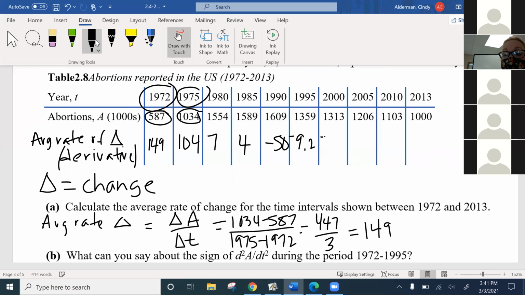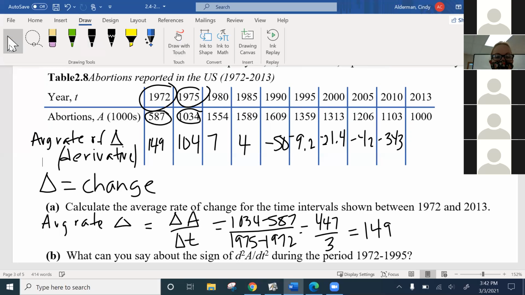Negative 21.4, negative 42, and negative 343. So okay, that's answer A.